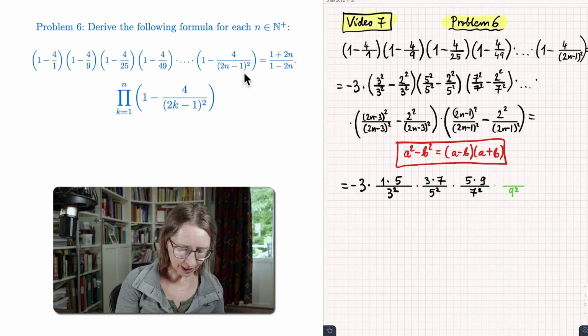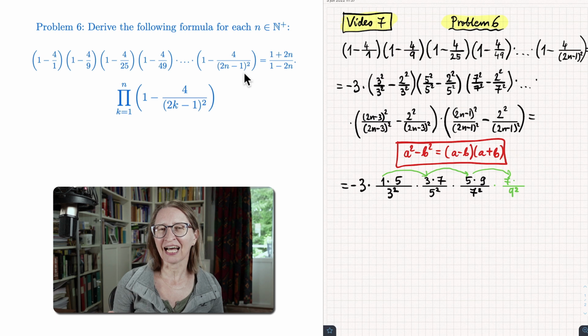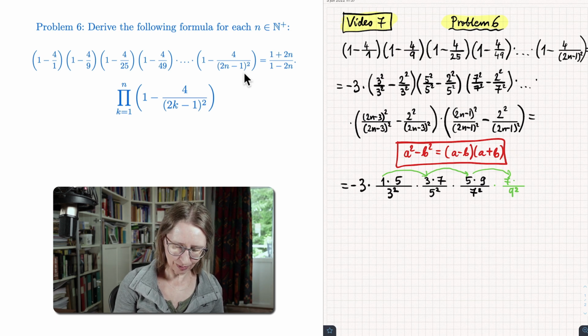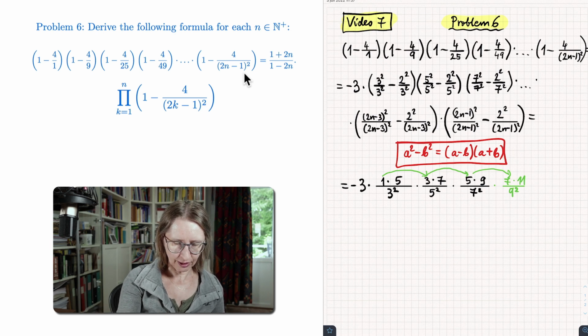And here you see we have 1, 3, 5. The next one will be 7 times what? Well, it will be 9 plus 2, right? So it must be 11. So you see also, maybe another color for this 11 here. Here will be 11.